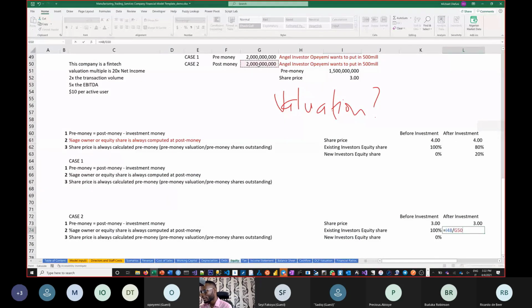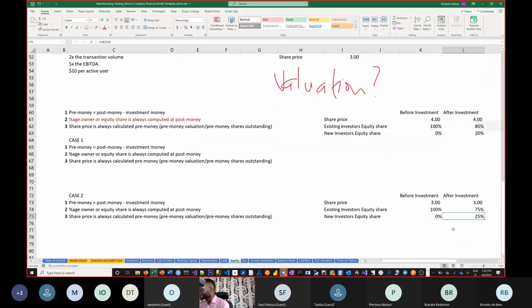That's why I say this one is very straightforward when it comes to percentage ownership. Percentage ownership is always the amount of investment divided by the post-money. So this will show you how much they will get, right? This is for the guys coming in. And then the guys who were there before, what they will have as their own portion. So you can see the same amount involved, but the difference is one is pre-money, one is post-money.